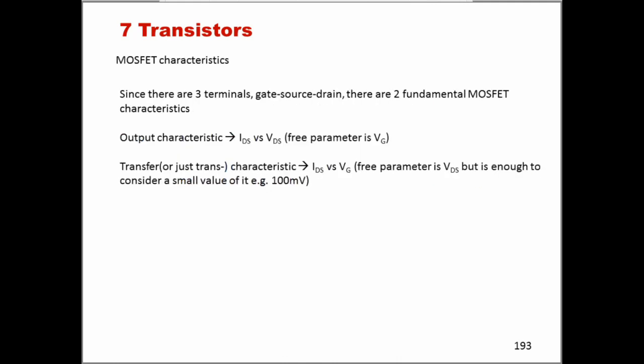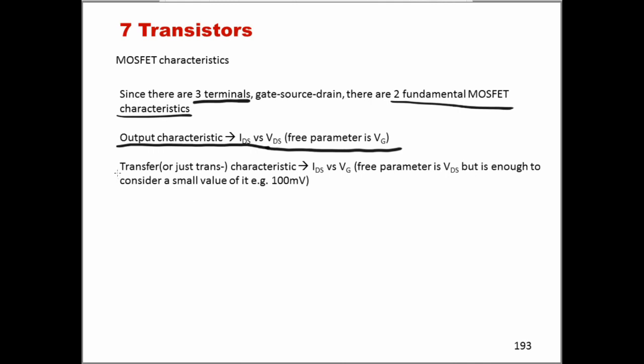So now our transistor device is made of 3 terminals: gate, source, and drain. And so we should expect 2 fundamental IV characteristics. The first one that you've already seen is the output characteristic, where we plot IDS as a function of VDS and the free parameter is VG.